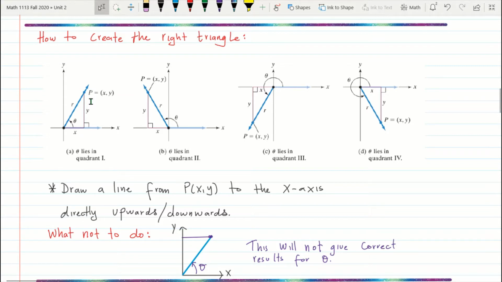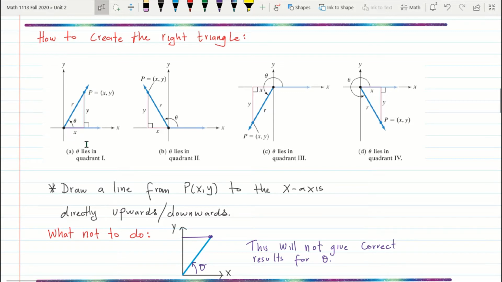Then I need to connect a couple things. I need to go from the origin, which is here at 0, 0, all the way out to that point. That gives me one side of the triangle. Then what I'm going to do is draw a line connecting to the x-axis. So I create a right triangle, and then inside of it is my angle theta.